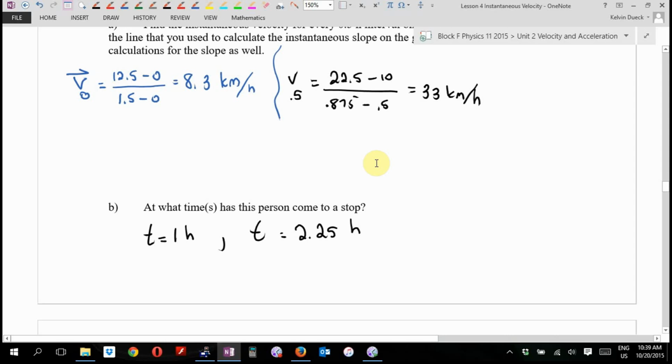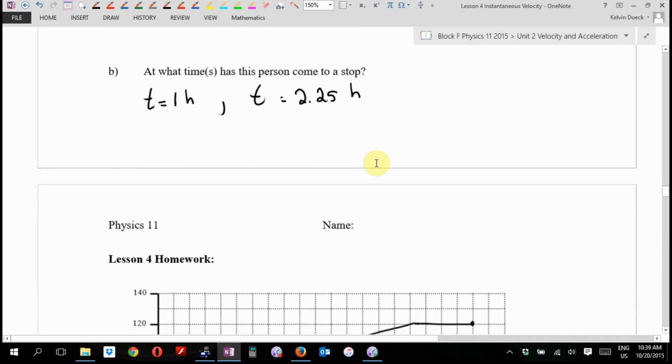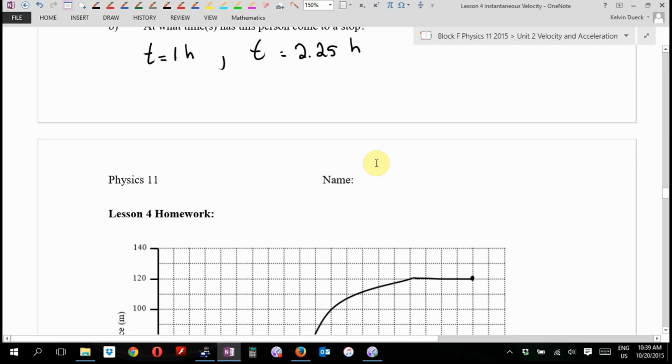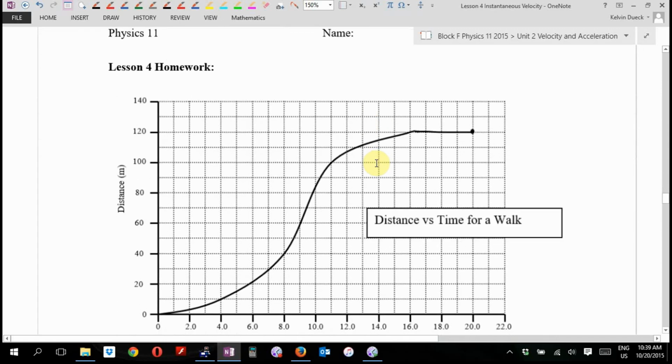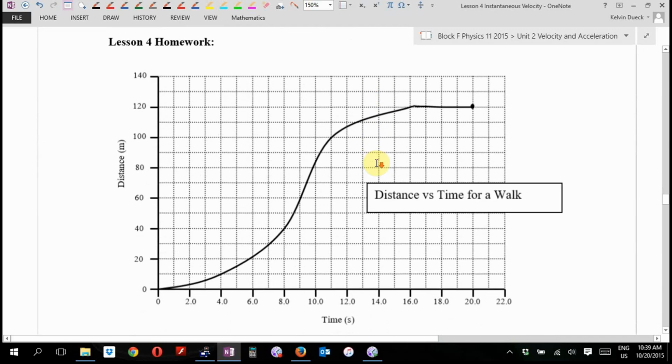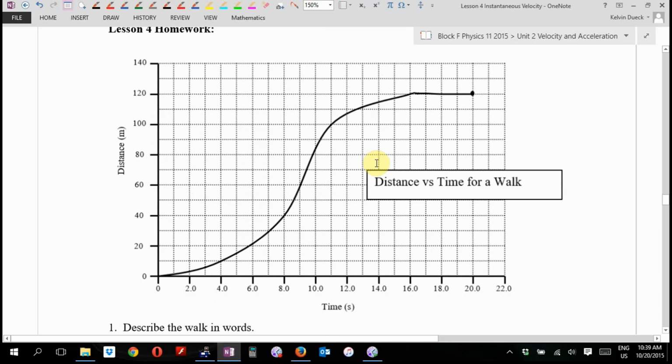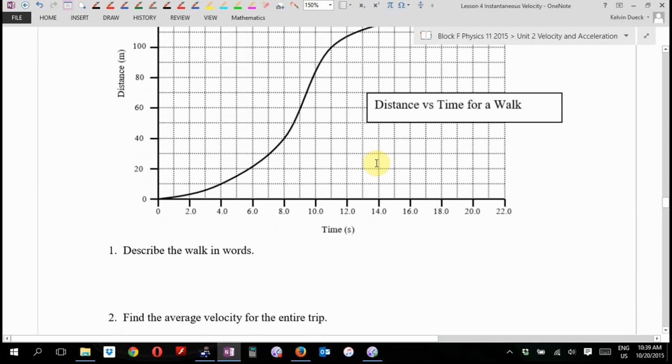There'll be a few of these on your test as well. When's the test? Don't know yet. So what's your homework? Finish off the material from last day if you haven't already. And then I have a couple of curves. This one is in meters per second. This is distance versus time for a walk. First, it just says describe the walk in words. What I'm really looking for is forwards, backwards, speeding up, slowing down, or at rest?